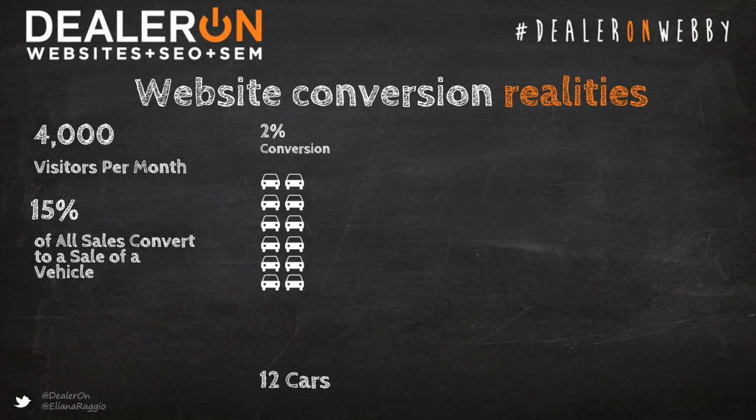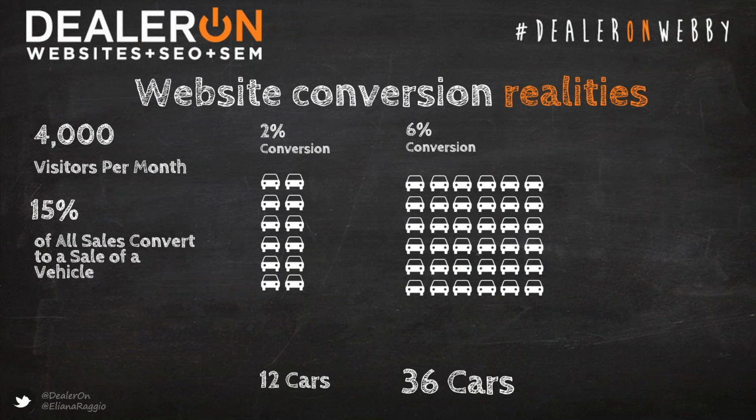If you're selling a vehicle to about 15% of all of your first-party website leads, which is fairly typical in the United States, that translates into about 12 vehicles. However, if you're getting a 6% conversion rate off of your website and you've got 240 sales opportunities for your internet team and they're converting at the same 15%, that's 36 vehicles.